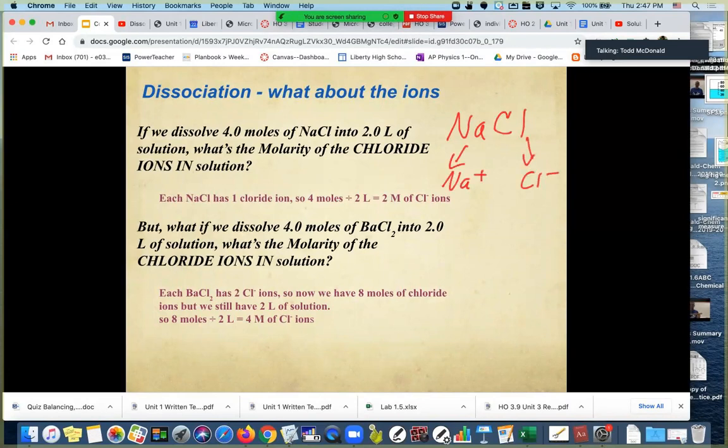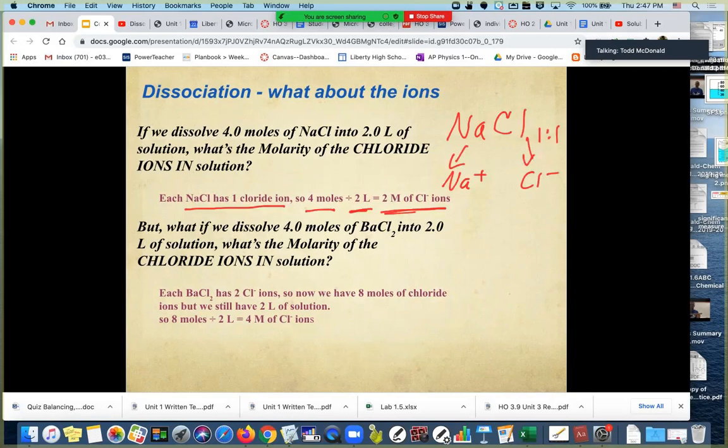For every piece of sodium chloride, I get 1 chloride ion. So if each NaCl has 1 chloride ion, then I would still have 4 moles of chloride ions. I would divide that by 2 liters, and we would still say the concentration of chloride ions is 2 molar, because this is a 1-to-1 ratio, right?